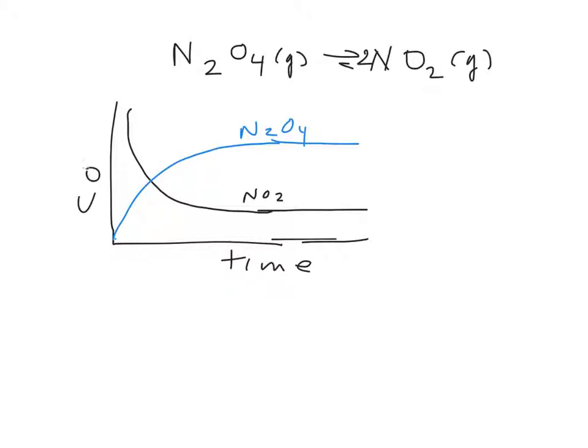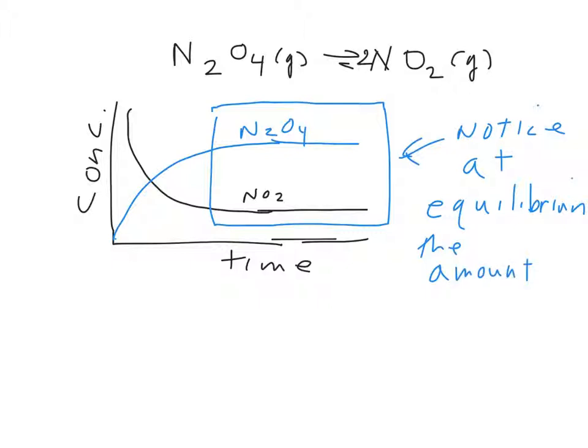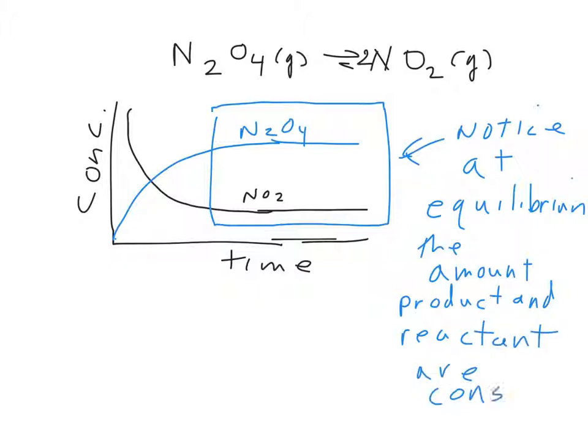Time, concentration. This period, where the amount of the reactant and the amount of product is unchanged, notice at equilibrium on that graph, the amount of product and reactant are constant and doesn't change.